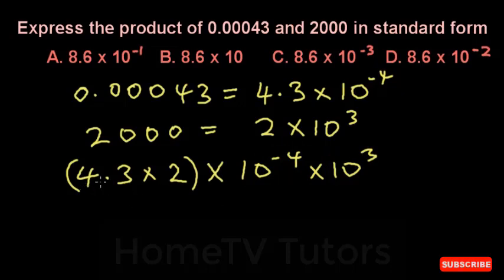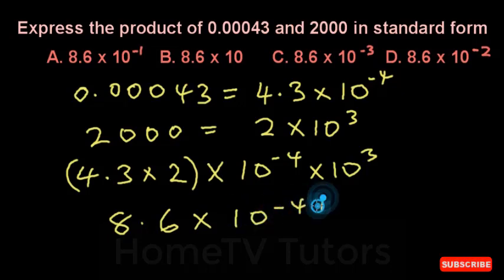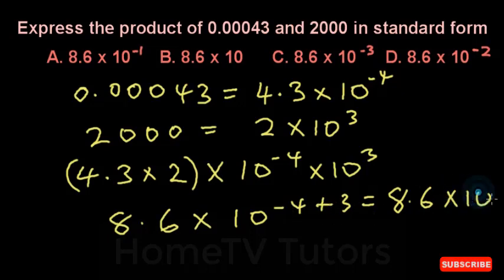So 4.3 times 2 is 8.6, multiplied by 10 raised to the power -4 plus 3, which will give us 8.6 times 10 raised to the power -1.